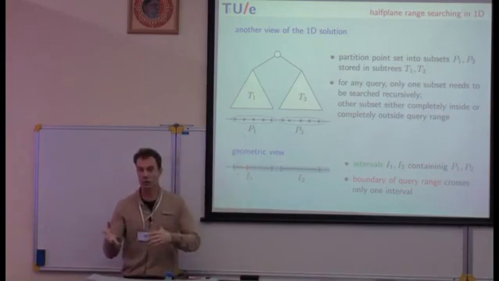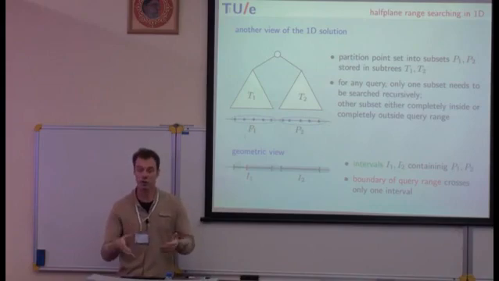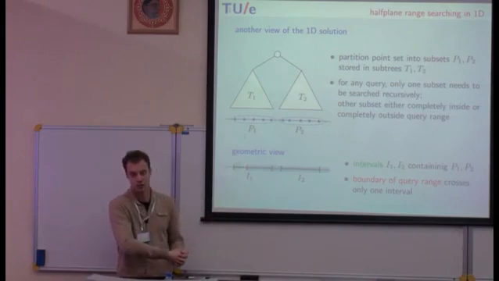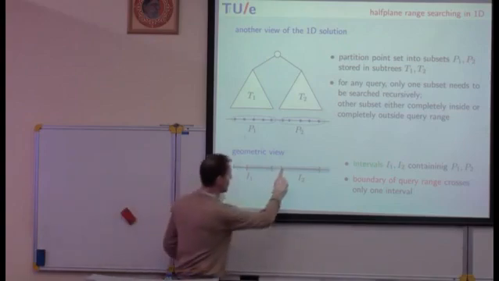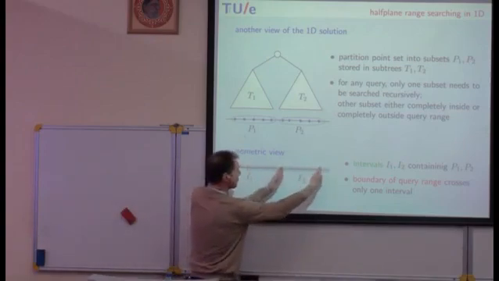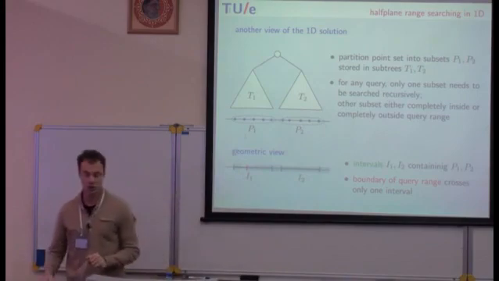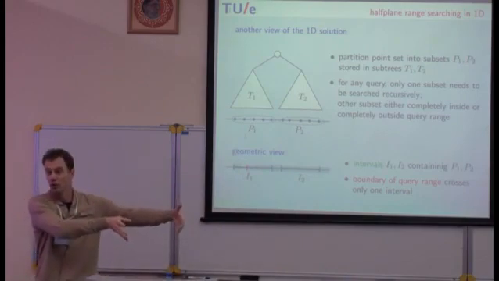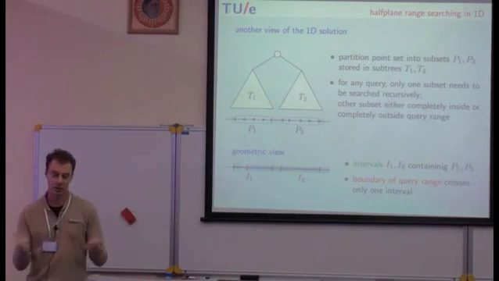So I'm not completely sure points are inside, so I have to go into recursion in that subtree. This one, everything is inside my range, so if I want to count, we know how many points are there, so simply add that to the count that we have.